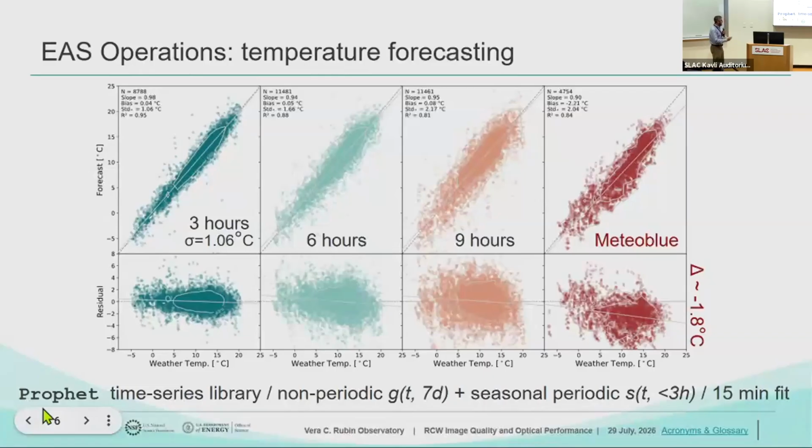Just doing a regression using our weather tower data, we were able to create this new predictive algorithm and immediately get about half of that spread and error under control.